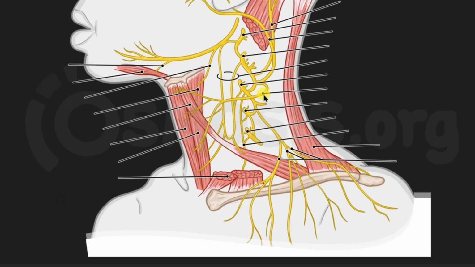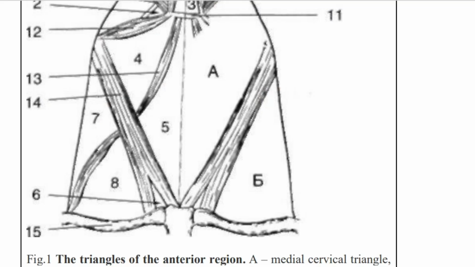Here you can see the omohyoid muscle, trapezoid muscle, and sternocleidomastoid, and this one is our cervical plexus in the omotrapezoid triangle. The major branch of this plexus is the phrenic nerve, which arises from the anterior divisions of spinal nerves C3 to C5.